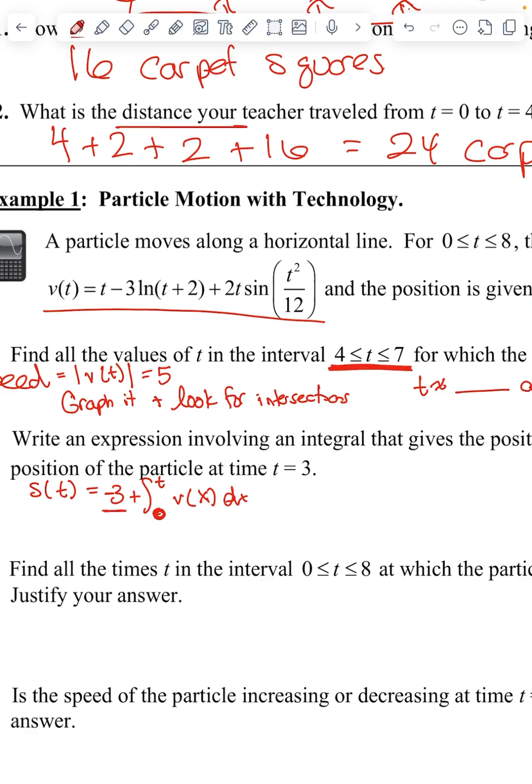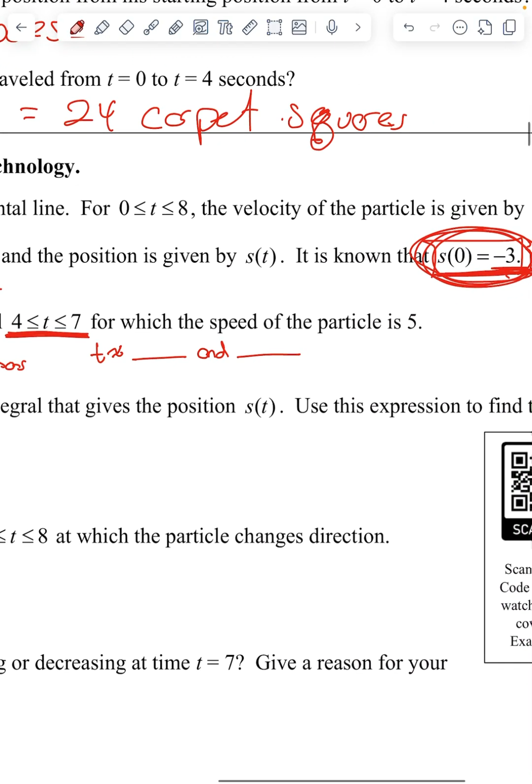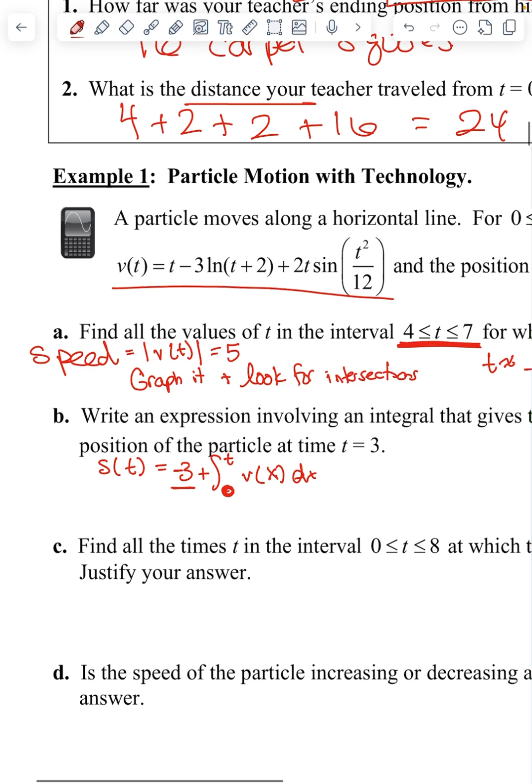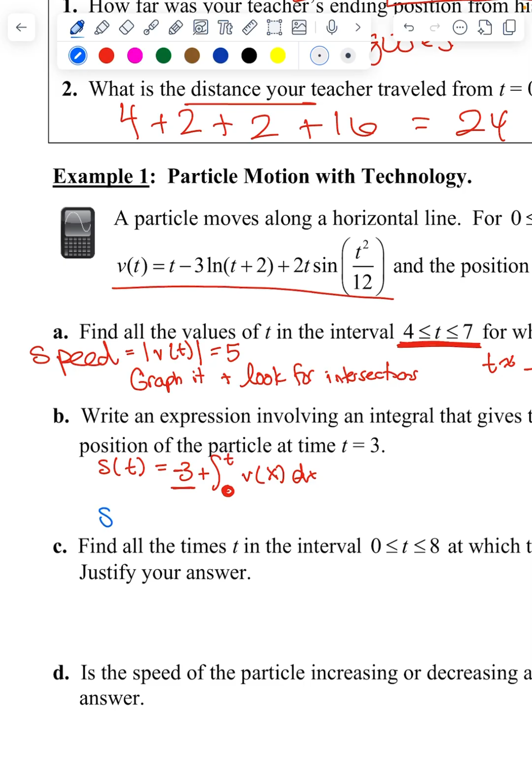So once we've set this up, the second part of this question says use that expression to find the position of the particle at time equals 3. Well, once you have the correct setup, you just got to do s of 3, and that's going to be -3 plus the integral from 0 to 3 of v of x dx.